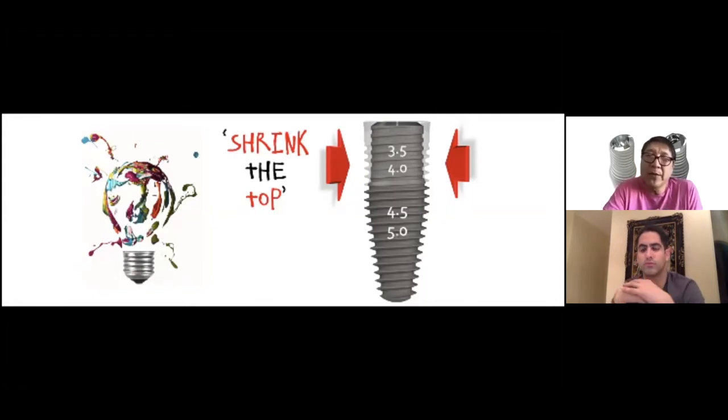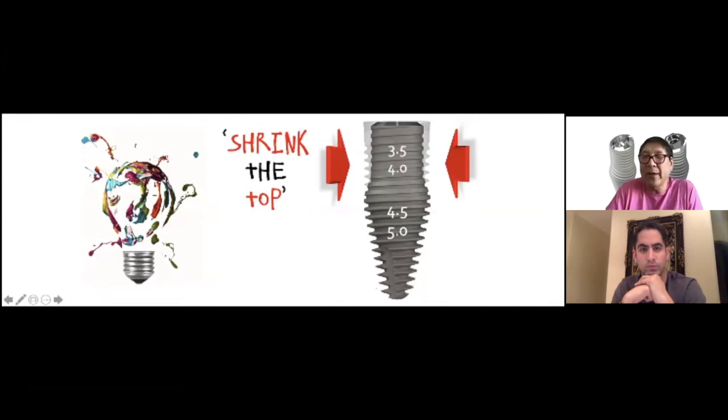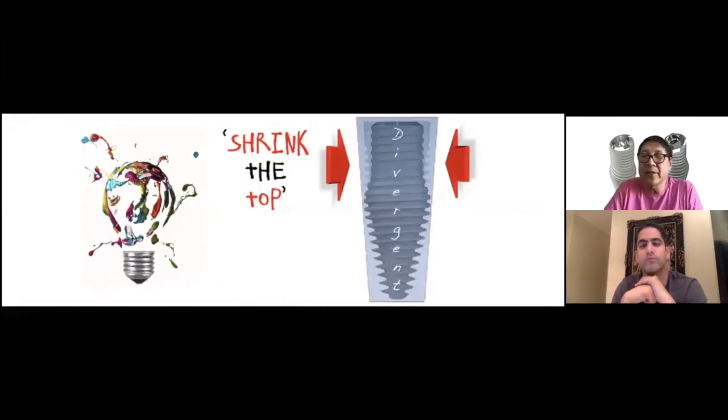By reducing the coronal portion, and then maybe changing the thread pattern to make it much more aggressive at the apical portion, you have an ideal implant that really is designed for extraction sockets, where you're limited in what you can do, like I said before, because we're somewhat compromised in our ability to work within those confines. The mistake is using too large an implant for whatever that socket size is.